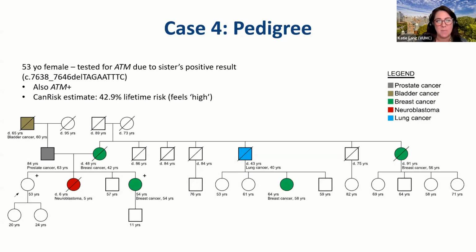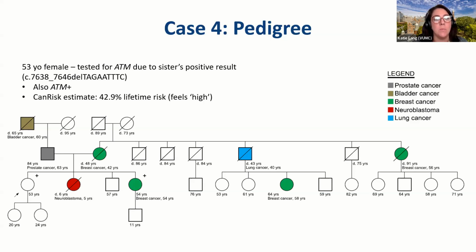Yes, very similar. So I'll go relatively quickly, but the proband was a 53-year-old who came in and was tested because her sister was diagnosed with breast cancer at 54 and tested positive for an ATM variant. And you can see the pedigree. I won't belabor it. Nobody else has been tested in the family.